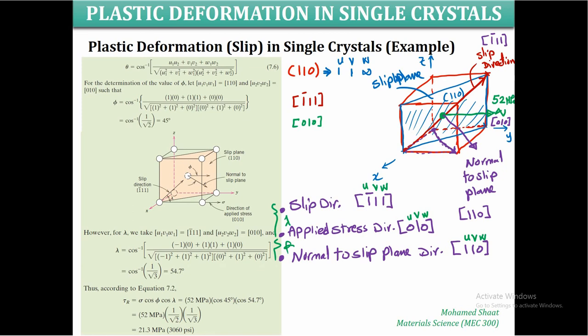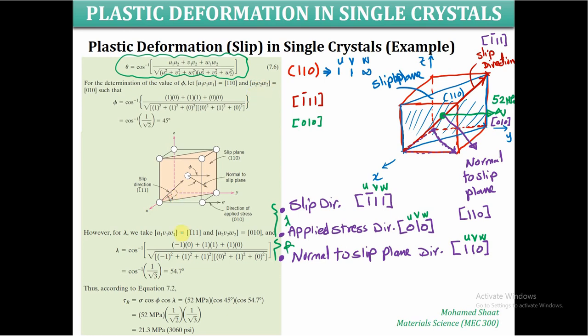So the question is how we calculate the angle between any two directions. We can simply use this expression. Assume that you have two directions. One direction is U1 V1 W1. The second direction is U2 V2 W2.